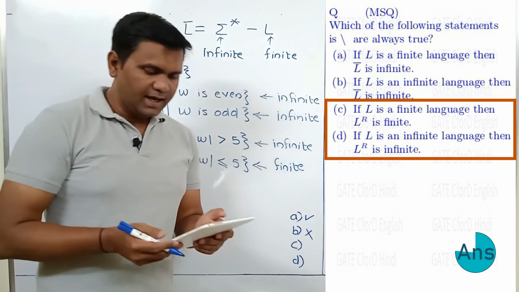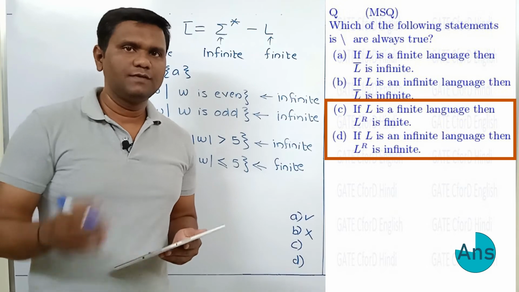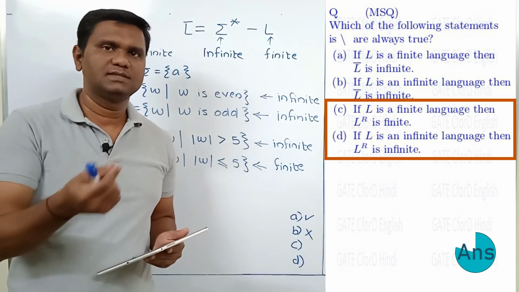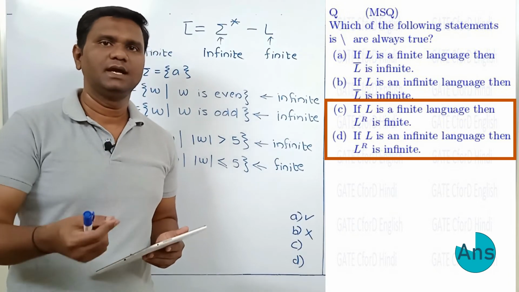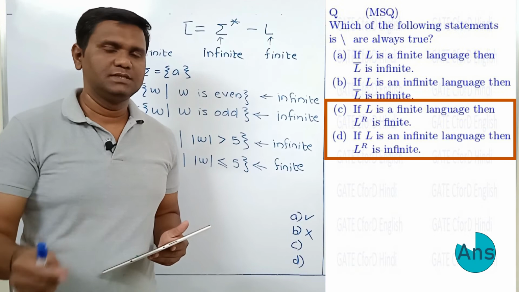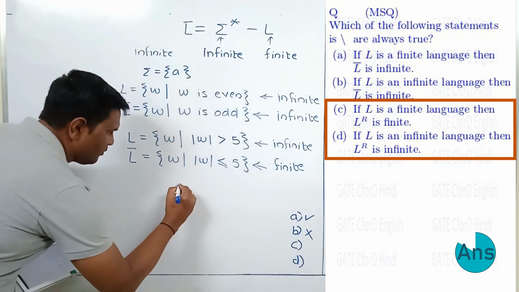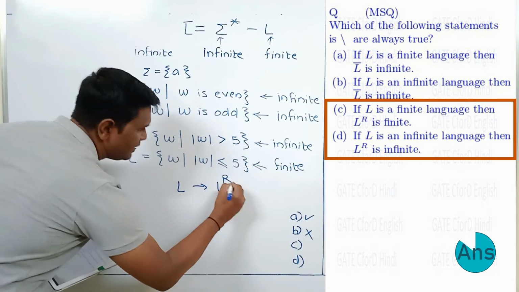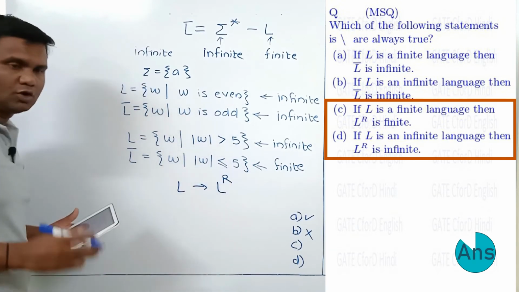Now option C and D, they are about reverse of the language. Now when we take reverse of the language, we simply take each string of the language, reverse it, and we get reverse of the language. So number of strings do not change. For a given language, when we calculate reverse of the language, number of strings do not change.